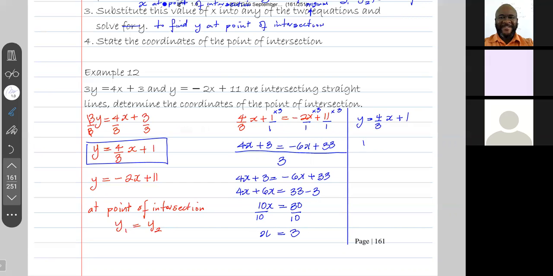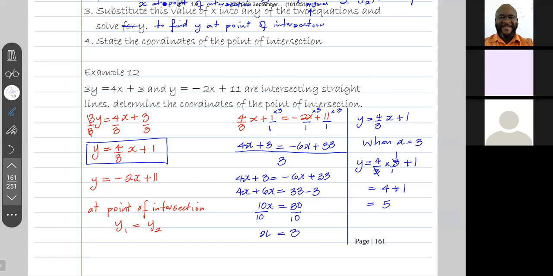When x is equal to 3, y would be equal to 4 over 3 times 3 plus 1. 3 cancels 3. So this is 4 plus 1, which is 5.